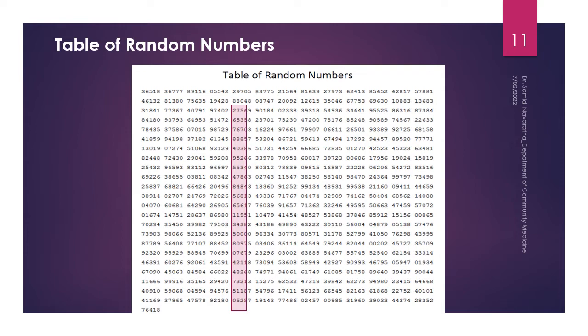So in that case, we are going to use this column. We are going to go down, and now 275 is above 220, so we can't choose, and 653 also we can't choose, so we are going to go down like this.